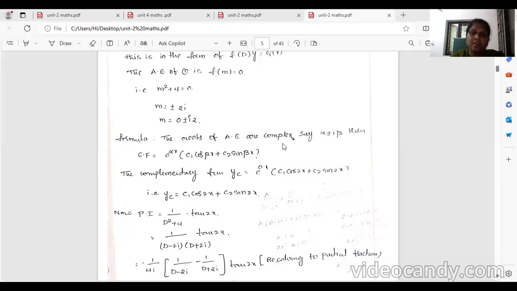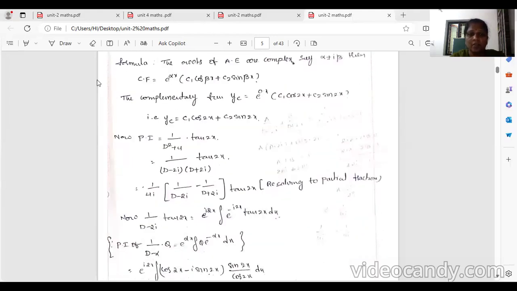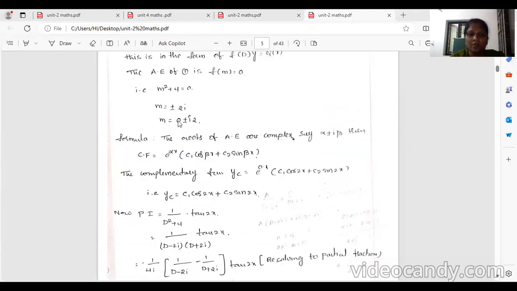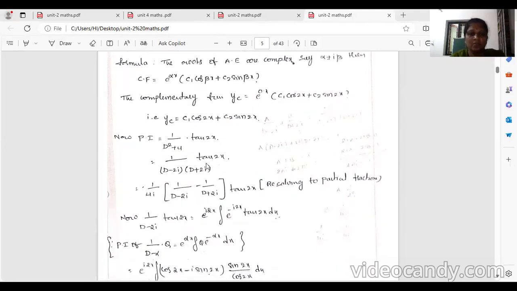Then the complementary solution is e power alpha x into c1 cos beta x plus c2 sin beta x. Here alpha equal to 0 and beta equal to 2. So yc equal to c1 cos 2x plus c2 sin 2x.